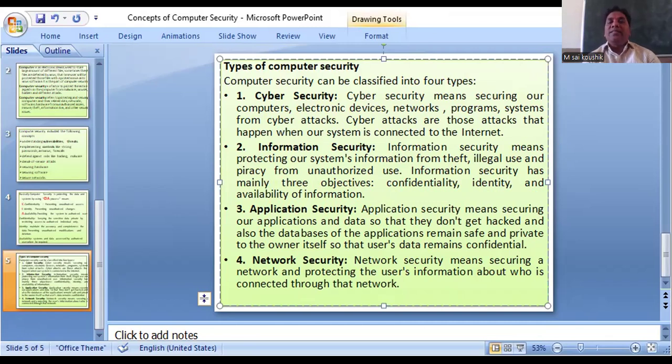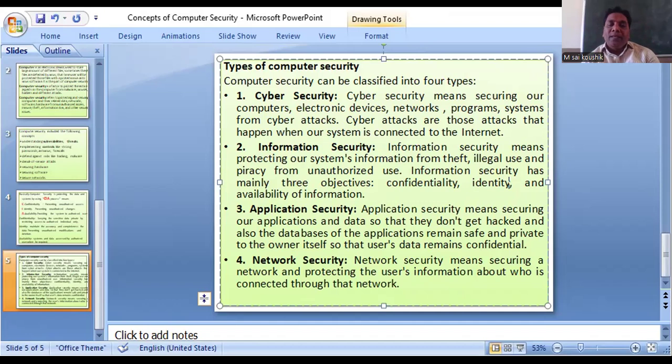And next is application security. In the computer, we use a lot of applications, but we have to provide protection to the applications. That aspect is called application security.